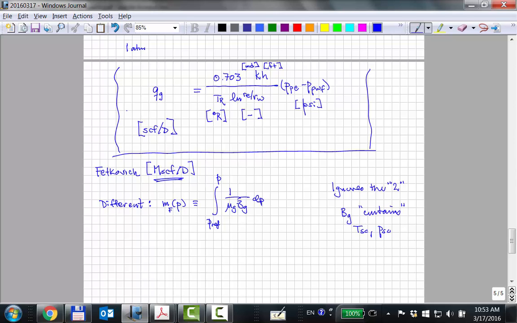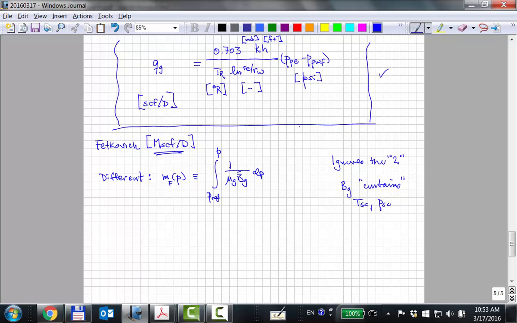So if we assume this one's right, and we've got this set of units that we're talking about here, then I'm going to transform this. This is a steady state equation. That's the assumption that's been made, because we're using this external boundary.